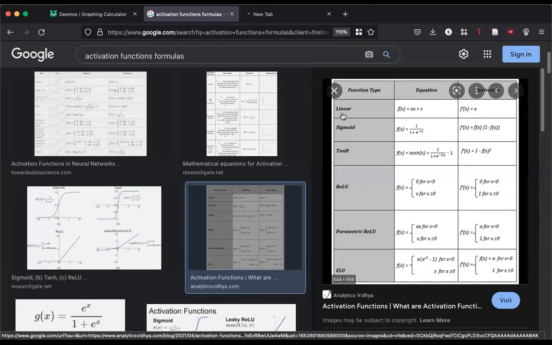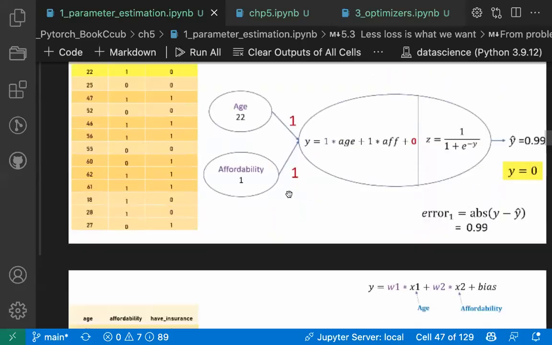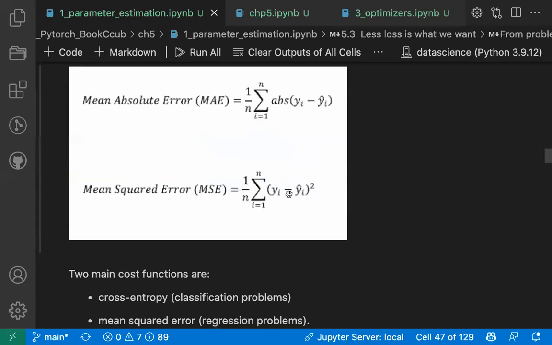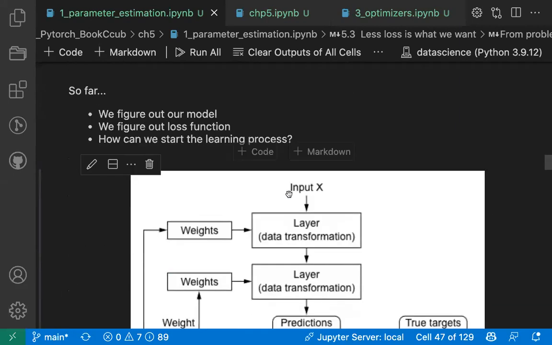We have many of them. This will be introduced in the next chapter, chapter 6. So this is linear, and this is sigmoid. You have different formulas, ReLU, and they have their advantages and disadvantages, but we are not here to discuss that. It will be in the next session. Thank you, Tunde. Anyone want to add something?